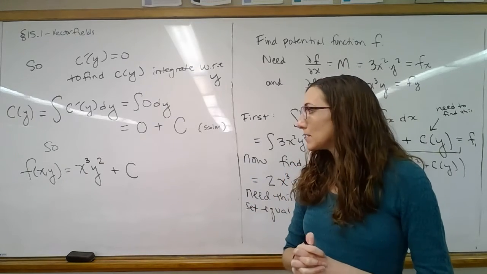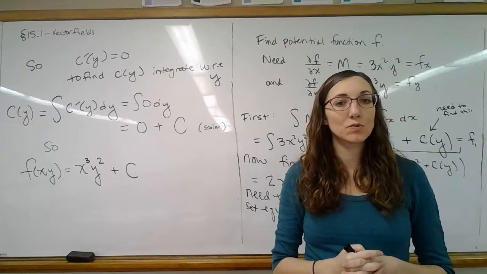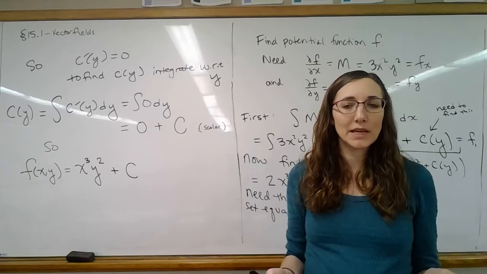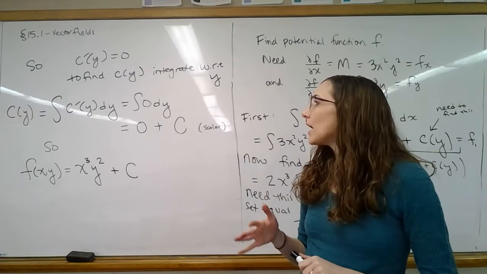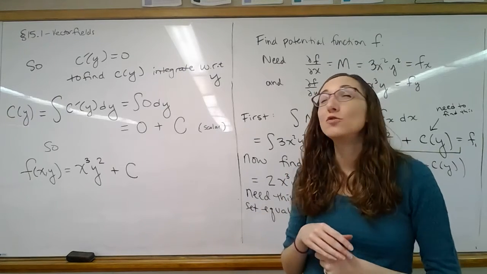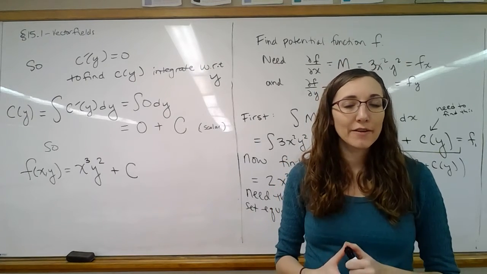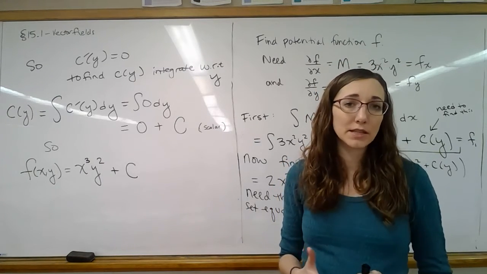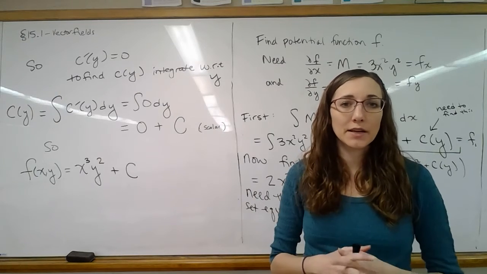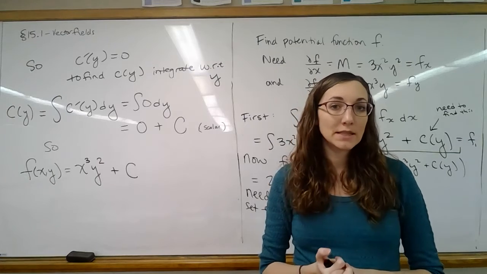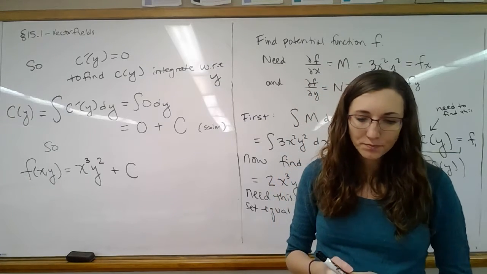So we could pick any specific constant there, and this will still work as a potential function. So we essentially get a family of potential functions. What we could do if we knew more information, if we knew some initial conditions, we could try and solve for that constant c in particular scenarios. But in a generic scenario, there is no particular c. It is just the family of all scalars added are possible.